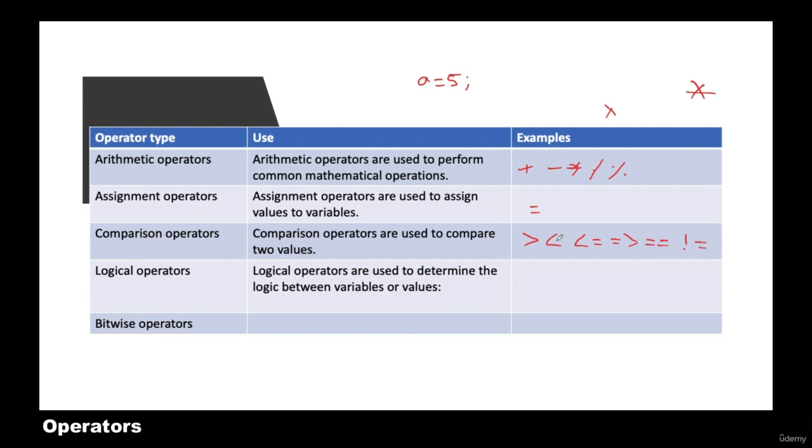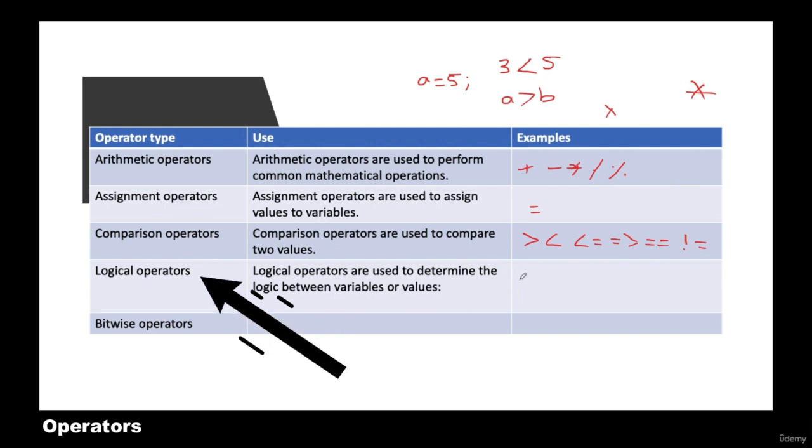All these symbols are comparison operators. We can use them to compare two values. We have 3 and we have 5: 3 is less than 5. If we have two variables a and b and we want to compare them, like a greater than b, we can use the comparison operator.